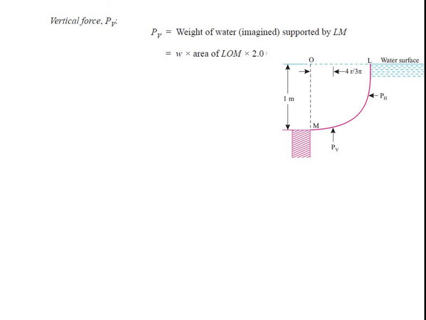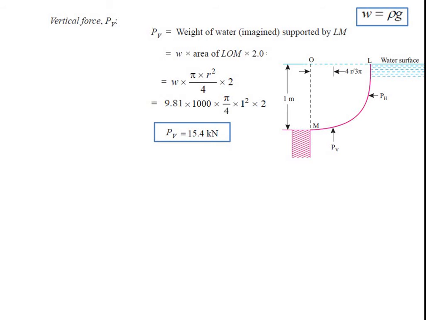So it is W into area of LOM into depth 2 meter, that is W into pi r square by 4 into 2, where W is 9.81 into 1000. So it is 9.81 into 1000 into pi by 4 into 1 square into 2. So it is 15.4 kilonewton.